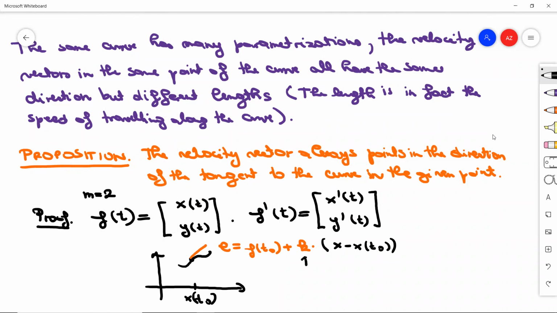And what is this k? This is the slope. So this is the derivative of y with respect to x.